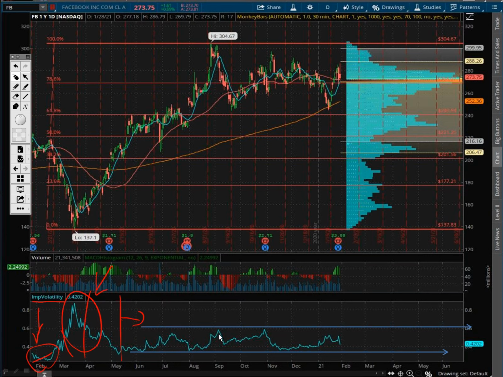So what we can discern from this is that when they are at these peaks, those premiums are expensive. And when they're at these troughs, these premiums are cheap, right? So you want to sell on the spikes and buy on the troughs. Well, we've also got volatility coming out here.